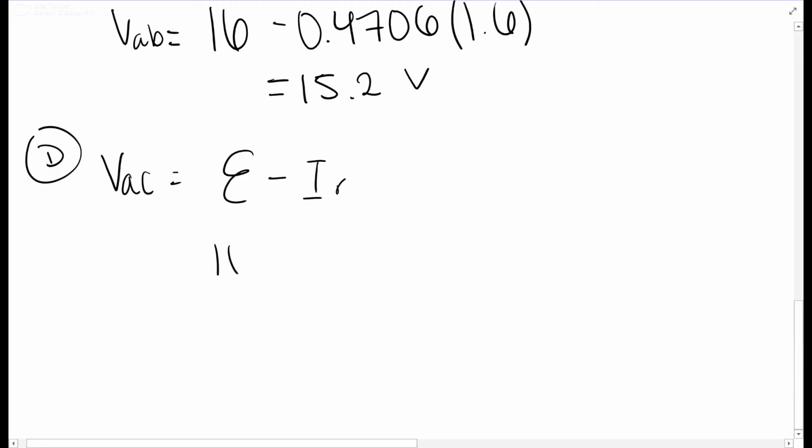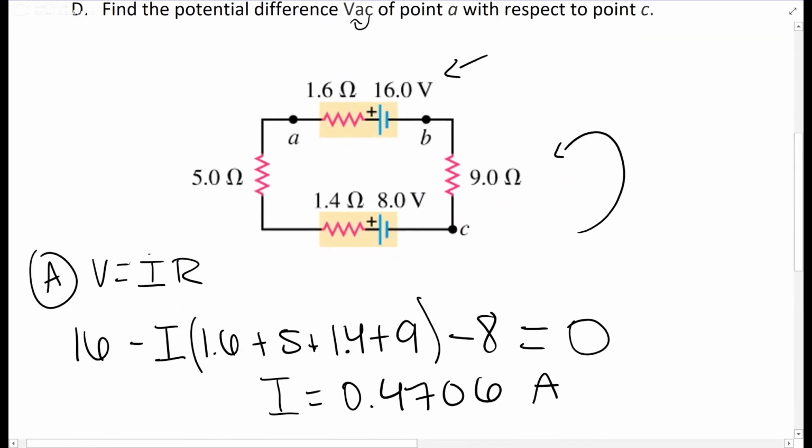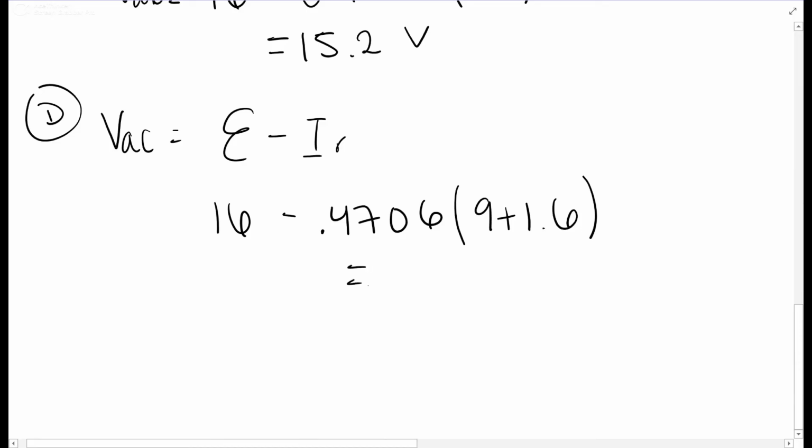So E is 16, and then minus your I, 0.4706, but R, we have two different resistances here. You can see the only voltage in this whole thing is 16 from going from C to A this way. We pass a voltage of 16 and we pass the resistances of 9 and 1.6. So that's how we get that. And you get 11 volts.